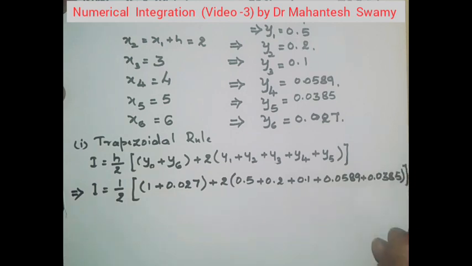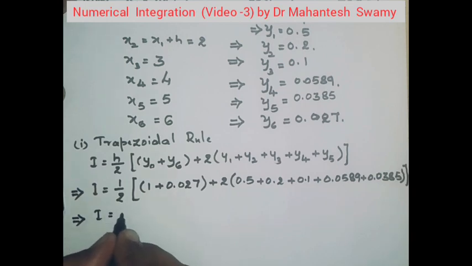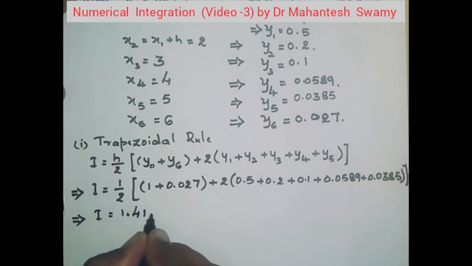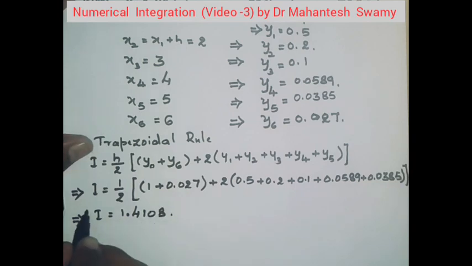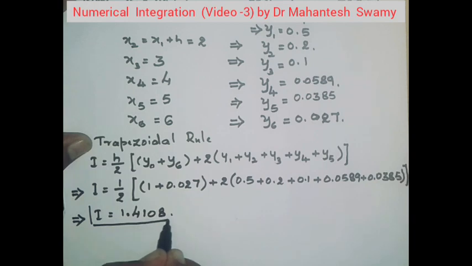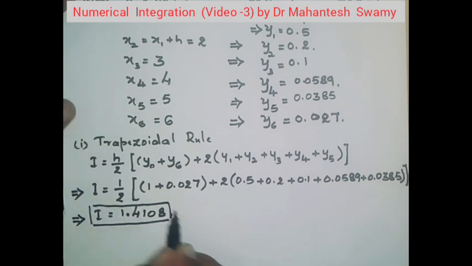So we have substituted all the values, and if we simplify the bracket and divide by 2, the answer is going to be 1.4108.